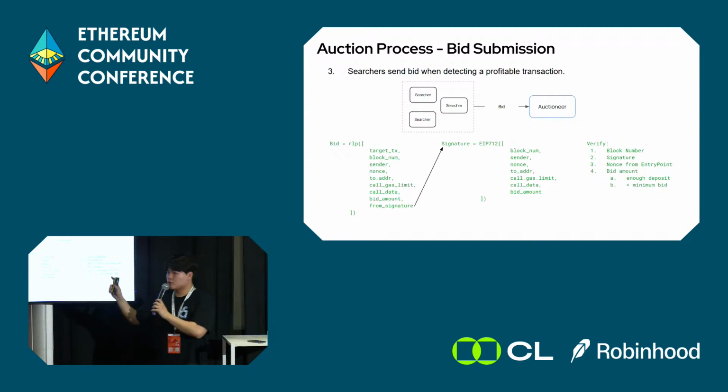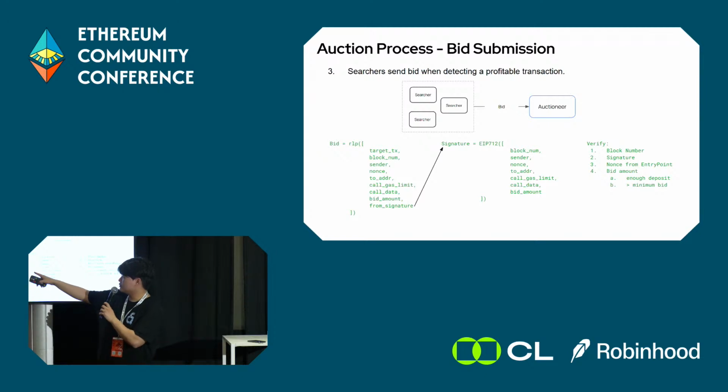And once a profitable transaction is identified, the searcher will start sending the bid to the auctioneer. The bid is simple RLP encoded series of data. There will be the target transaction, of course, and there will be block number, sender, nonce, and to address, and the call gas limit, call data, bid amount, and so on.